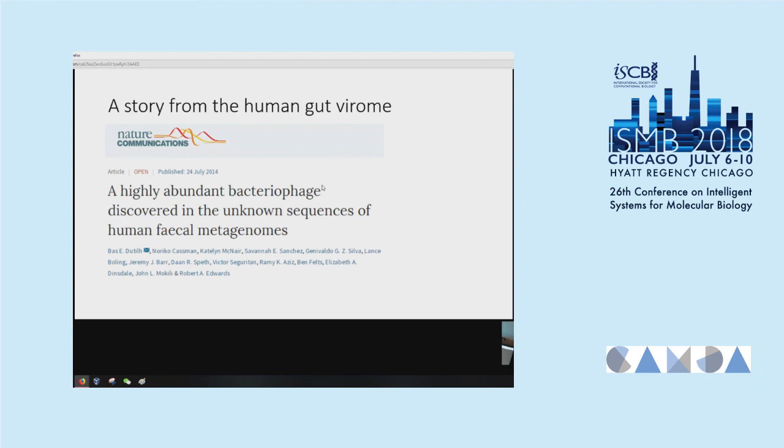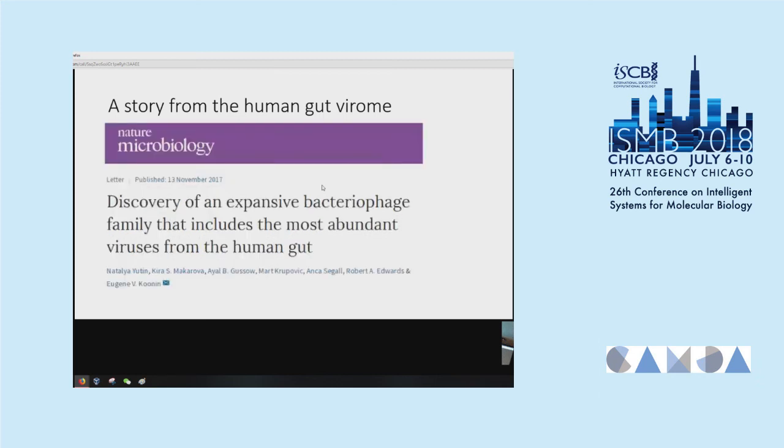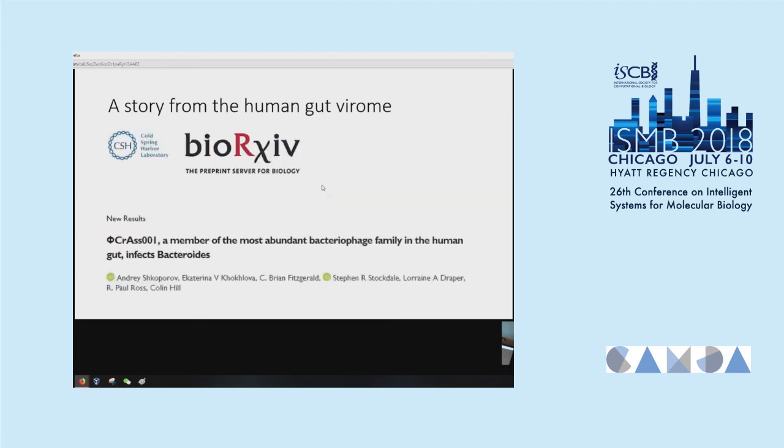So they discovered the sequence, that it was highly abundant, and they predicted it to have a host in Bacteroides. Skip on a few years later, Eugene Koonin's group describes this as actually one member of a very expansive bacteriophage family in the human gut. But again, up to this point, this is really all just based off metagenomic data and assemblies. And then recently, in this preprint, people have actually now isolated this.